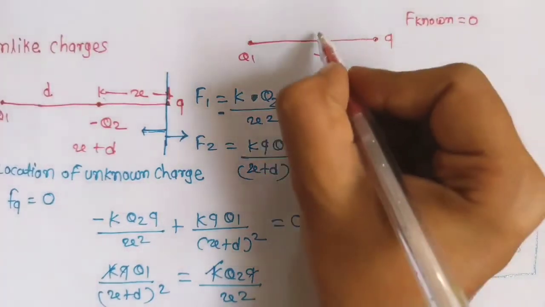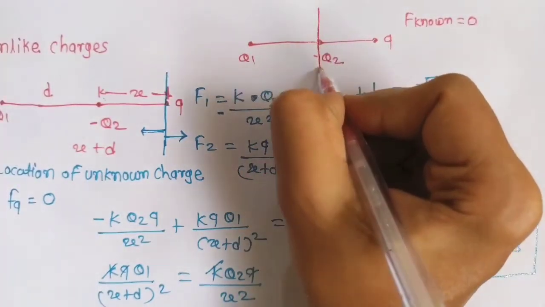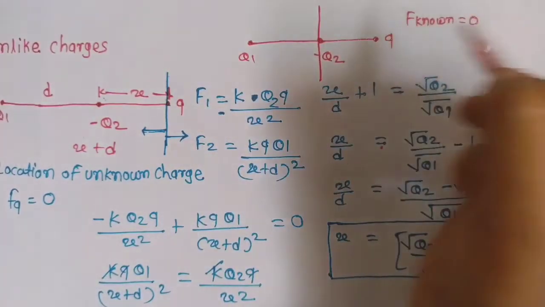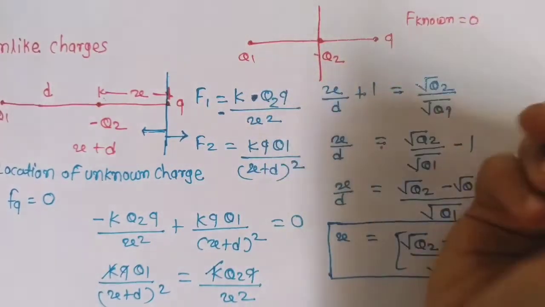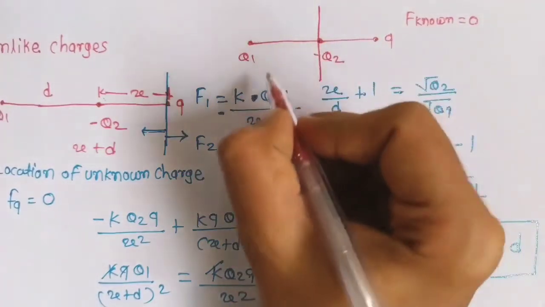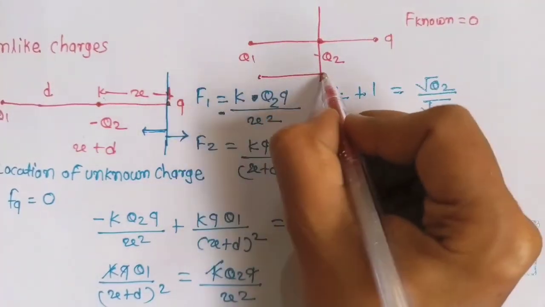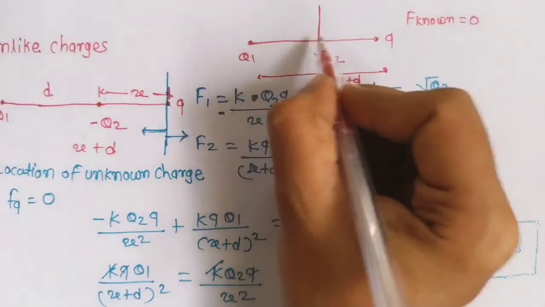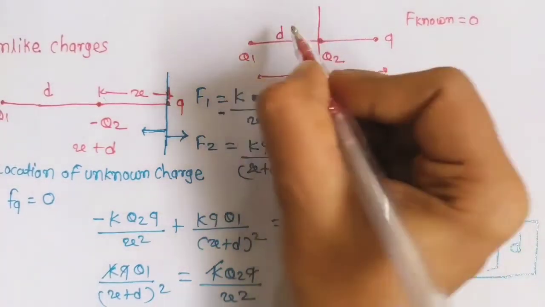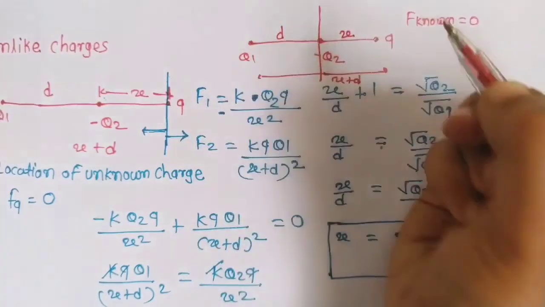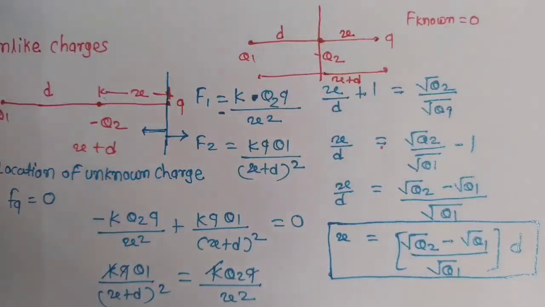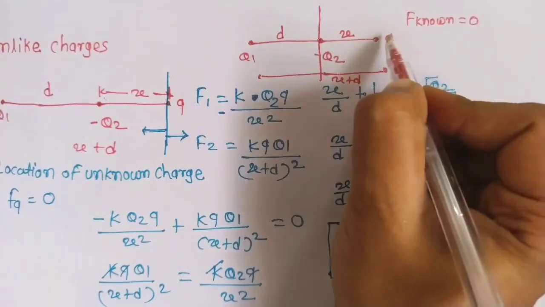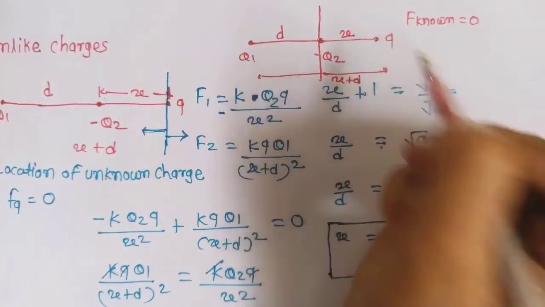So we find the net force on the known charge, take it as 0 and then find its magnitude. So the whole distance is x plus d. The distance between them is d, and this distance is x.